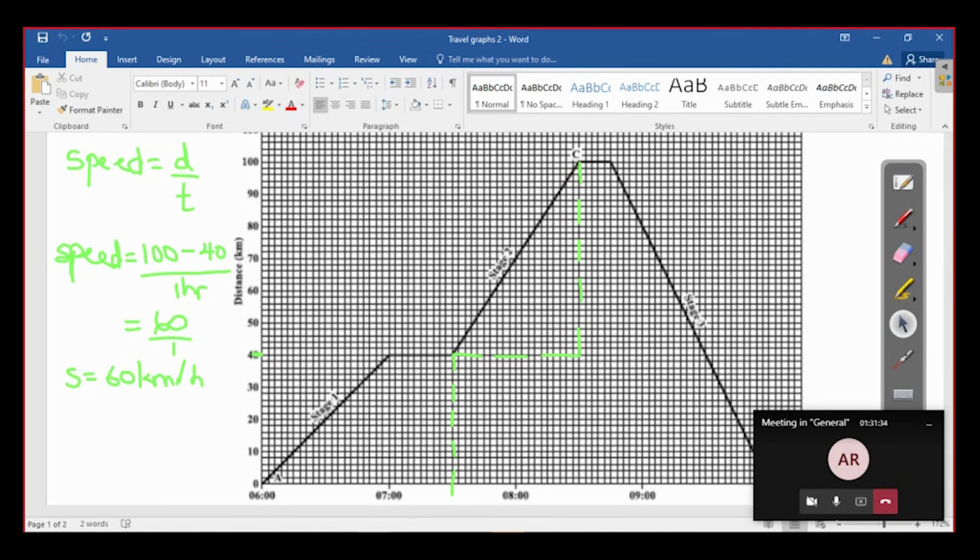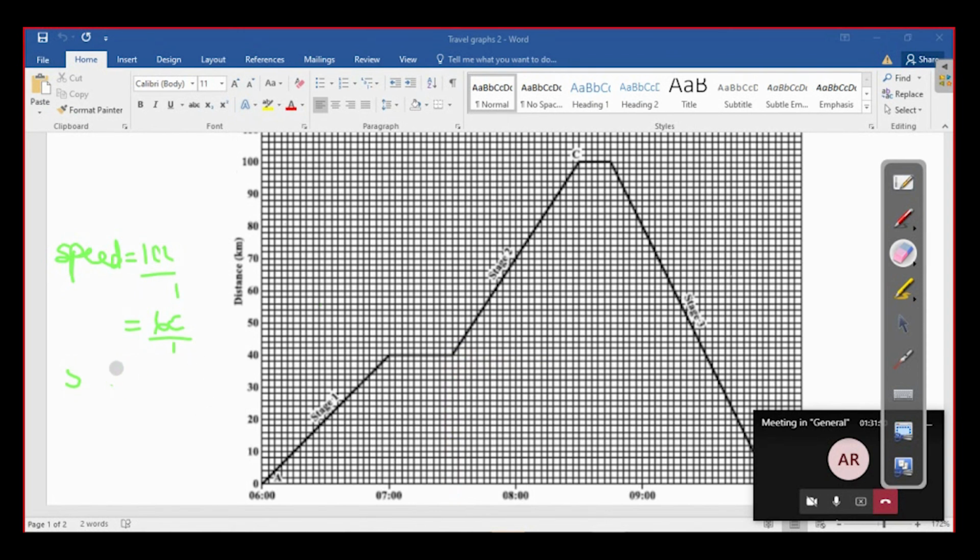Now the final question. Let's move to the final question. So I wonder how many people remember what they're going to need to do for this particular final question.